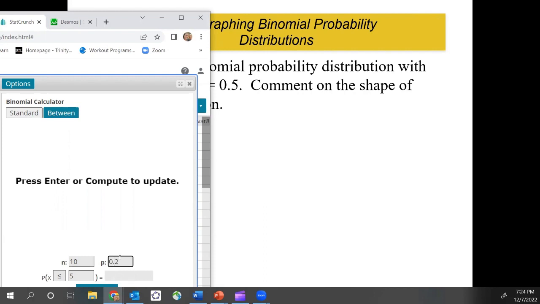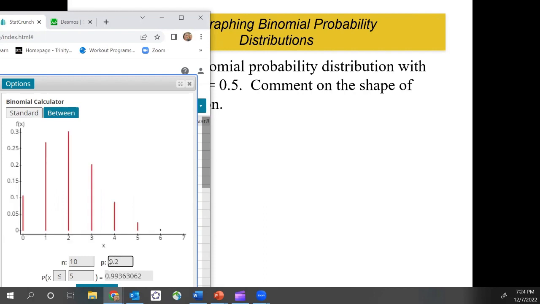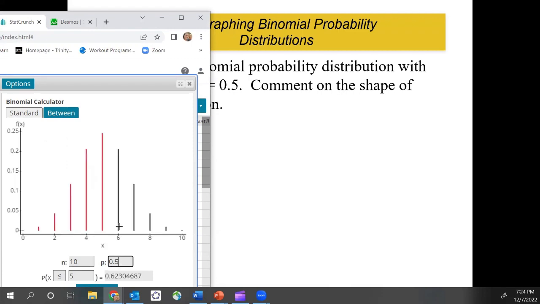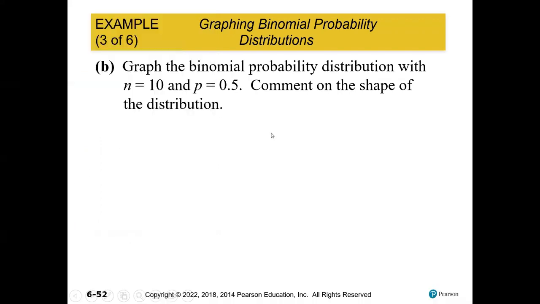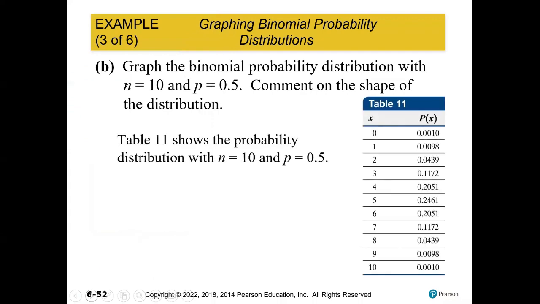The probability is 20, so 20% should be the highest. 2 out of 10 is that 20%. That's the highest peak. So the middle here, if I do 5, there's the middle. And then look, it's now symmetric on both sides. So this one is going to be symmetric.